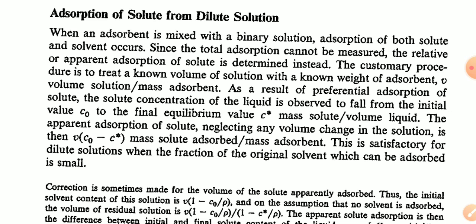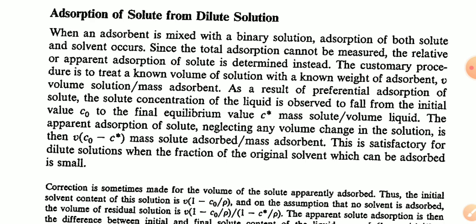The customary procedure is to treat a known volume of the solution, V, with a known weight of adsorbent, m, the volume of solution per mass of adsorbent. As a result of the preferential adsorption of solute, the solute concentration of the liquid is observed to fall from the initial value C0 to the final equilibrium value C star, the mass of solute per volume of liquid.